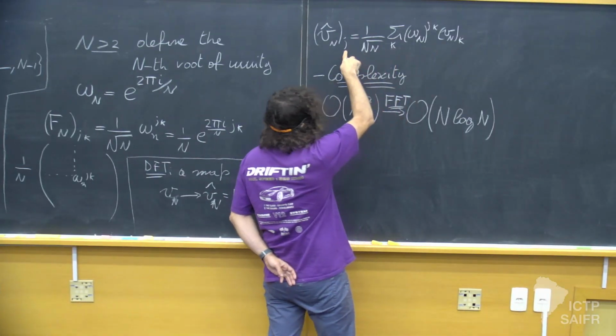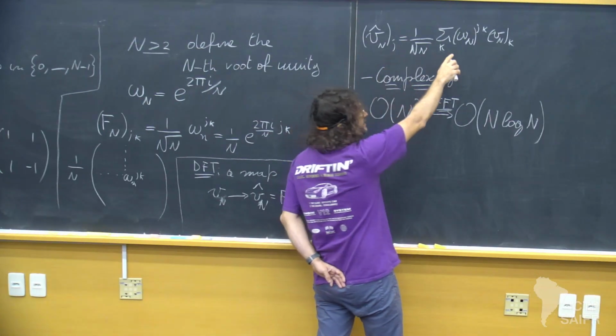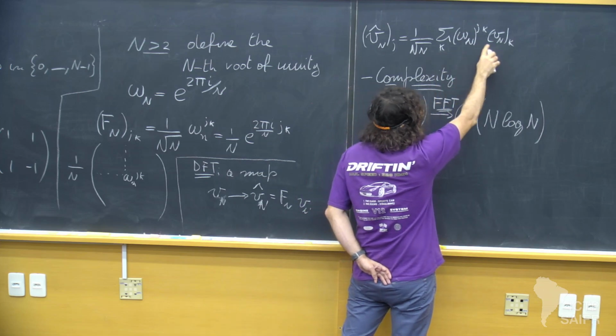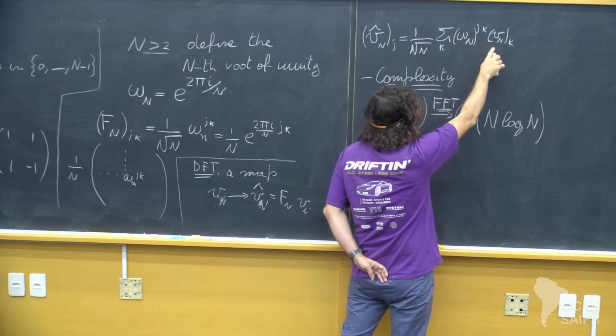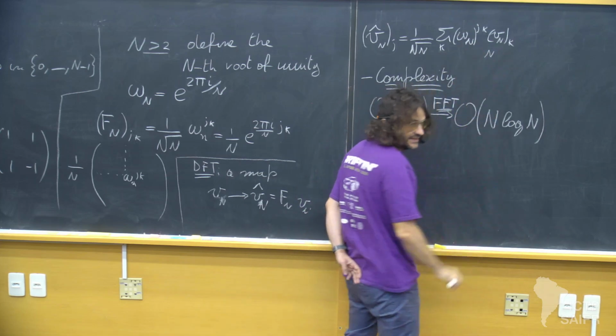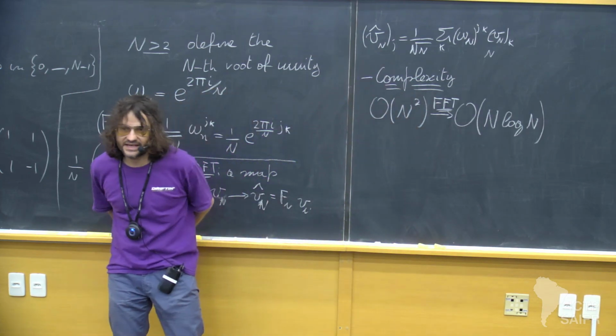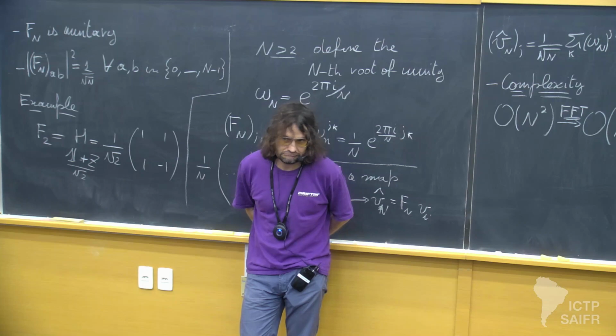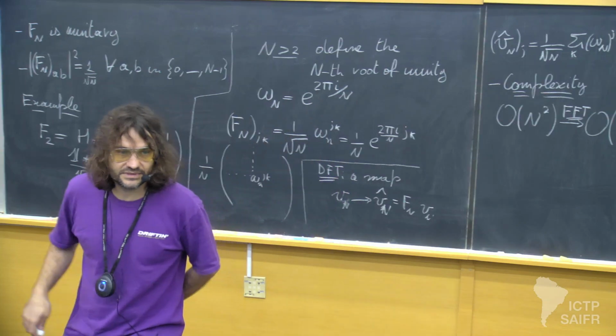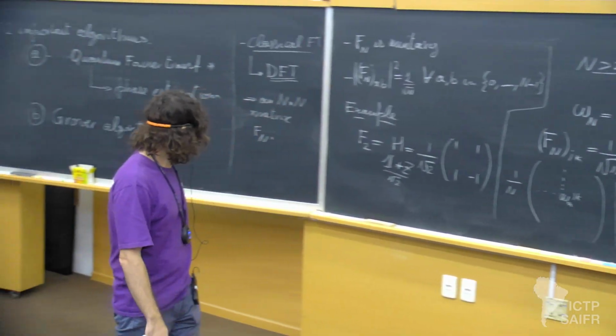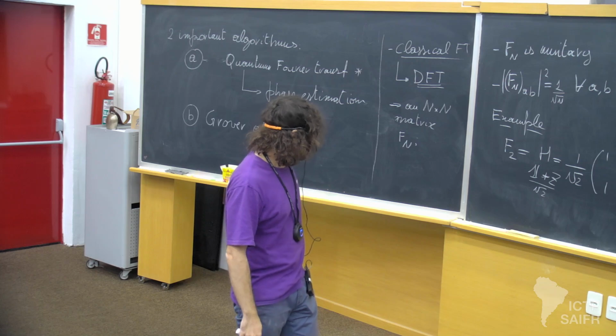Because for each component J, right, you need to multiply and then sum together n numbers, and then you have to redo it for all the other components J, so n square. I would say yes, no? Am I wrong?